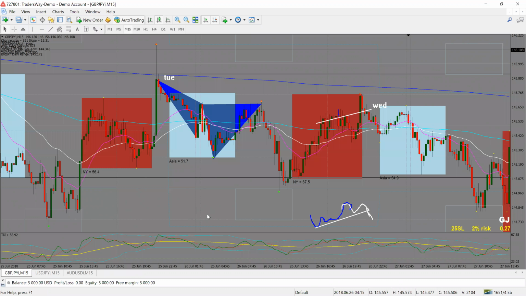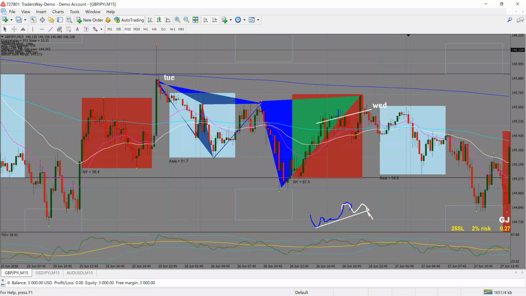Perfect one. And then it dropped, made that M right here, and then dropped. This is a bearish pattern here too. Kind of an ugly bearish, but still a bearish. You see that?